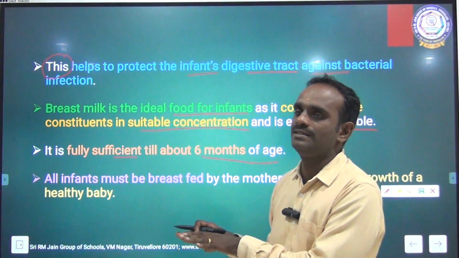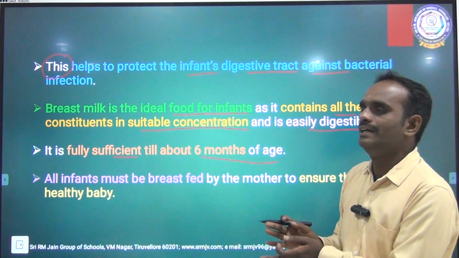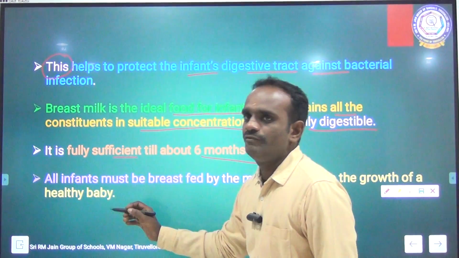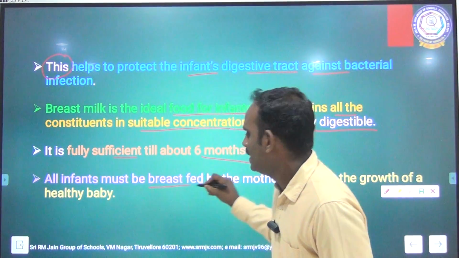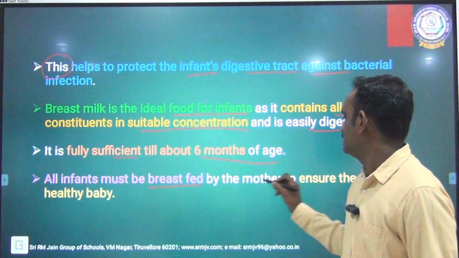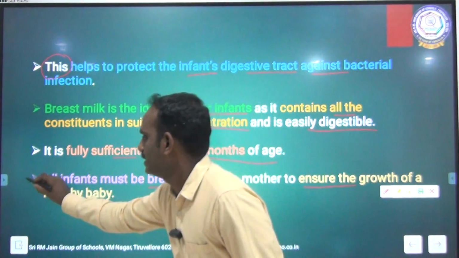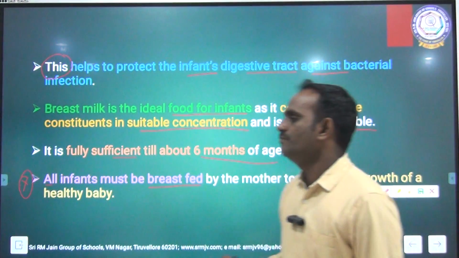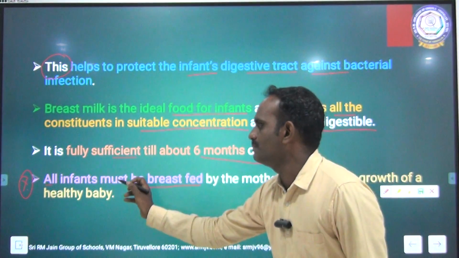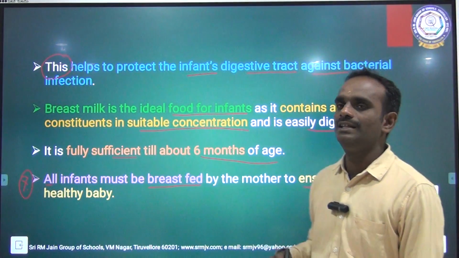Up to 6 months of age, the infant needs breast milk. All infants must be breastfed by the mother to ensure the growth of a healthy baby. Very important. Clear?